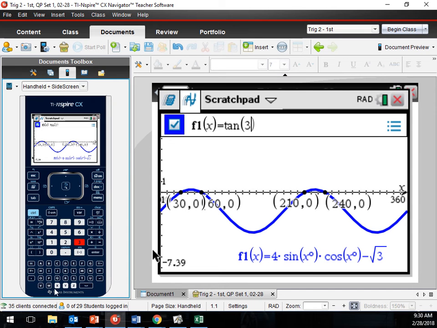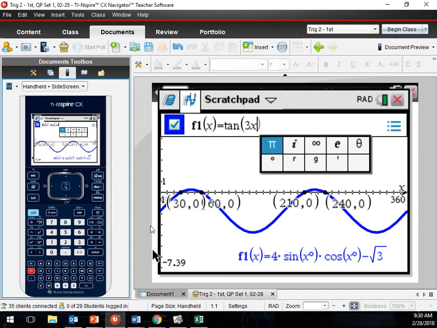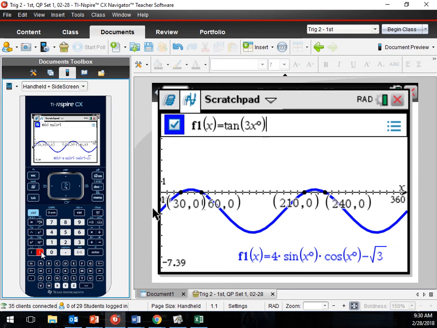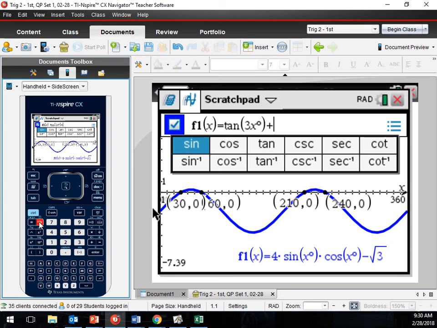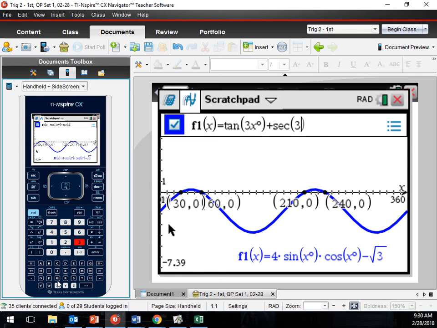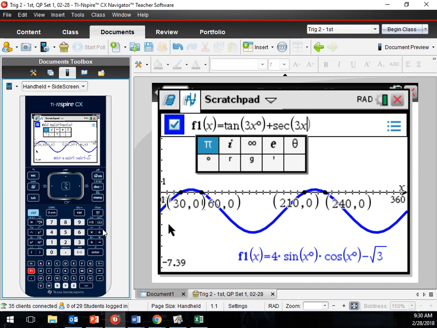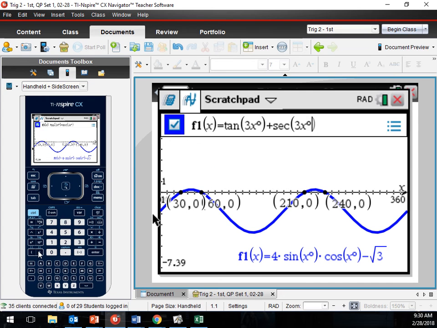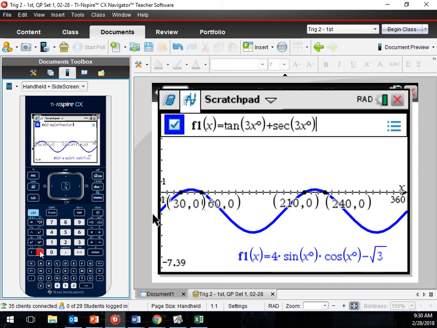Tan 3x, and what was it, minus plus secant or cosecant? Secant 3x, close, minus 2 like that. Okay.